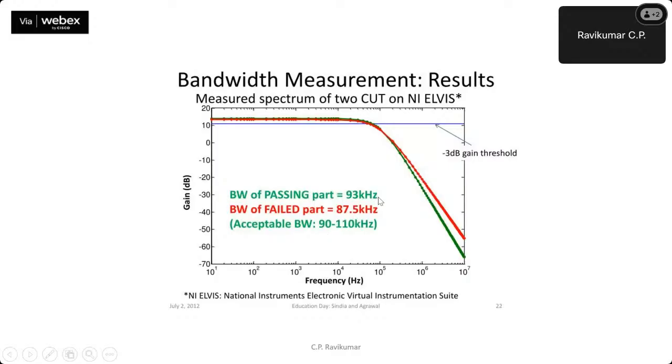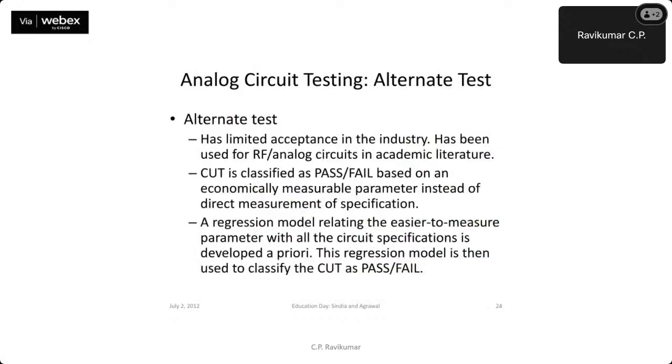So 93 will pass, but 87.5 will fail. And if it is higher than 110, I don't know, I mean, why would we fail something like that? I'm not an analog expert, but I think having a very high bandwidth may also be a problem in some cases. Maybe from a noise point of view or something like that.